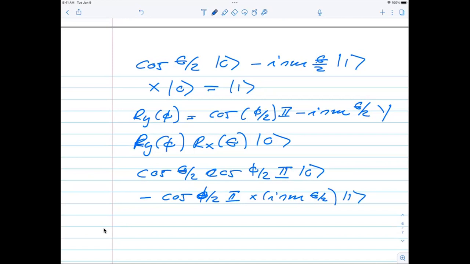That's the first two terms, and this simply gives us back the state 1 multiplied with a cosine phi half and a sine theta half.